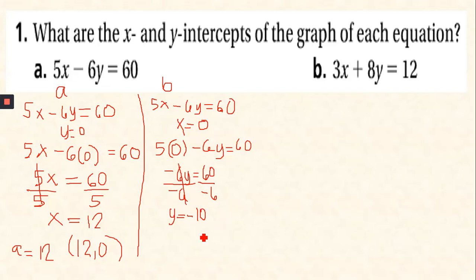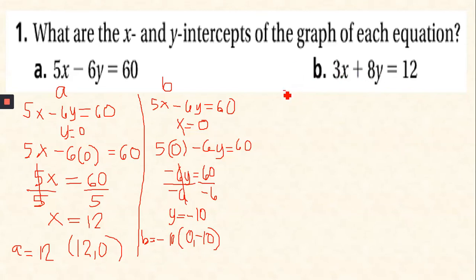So your y-intercept is negative 10. You can write it 0, negative 10. B equals negative 10. Okay? Again, do not be confused. They mean the same thing.